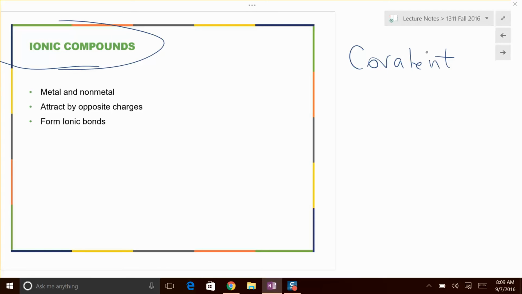An ionic compound is a compound that has elements which have become charged, meaning they have a positive or a negative charge. And those positive and negative charges allow them to come together and form a compound. They form ionic bonds.